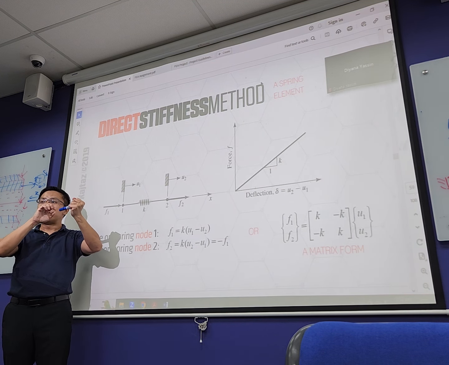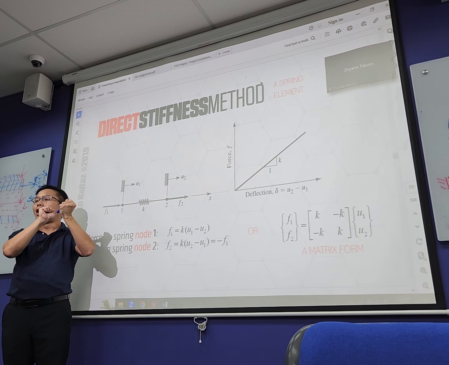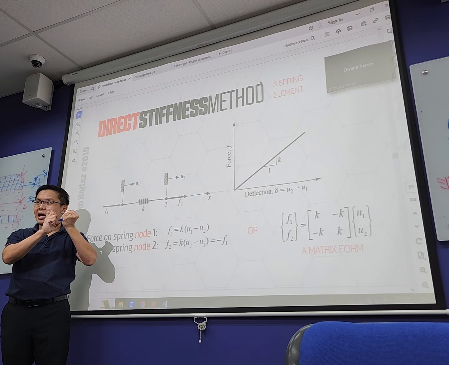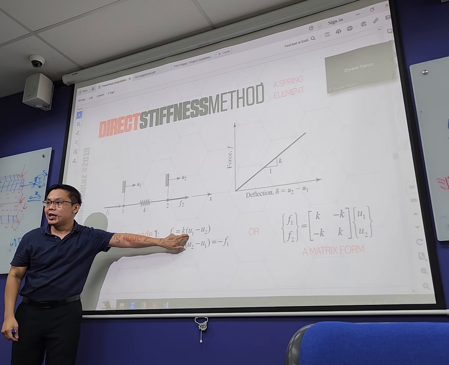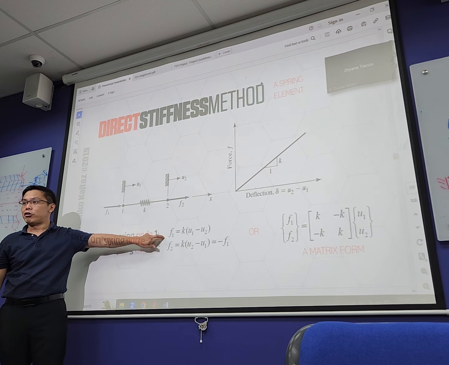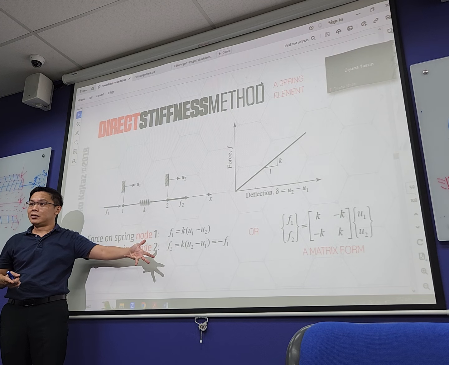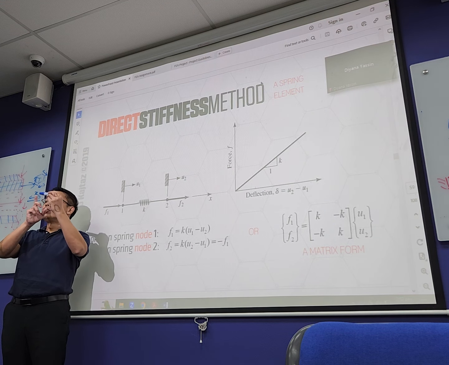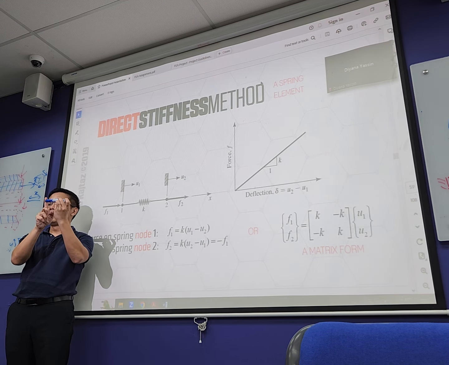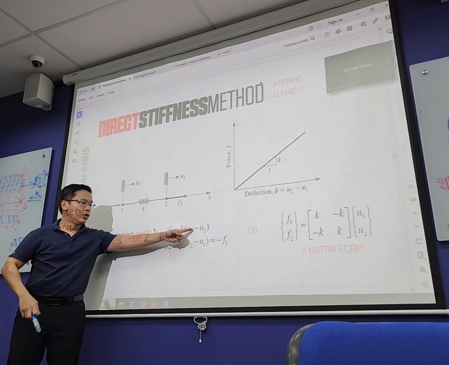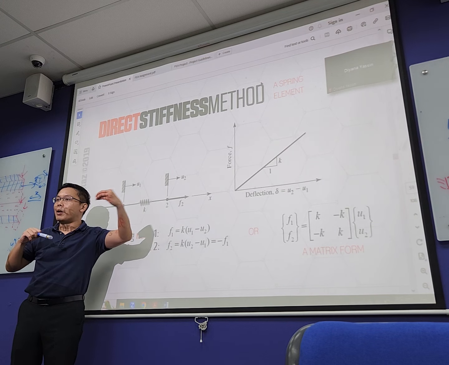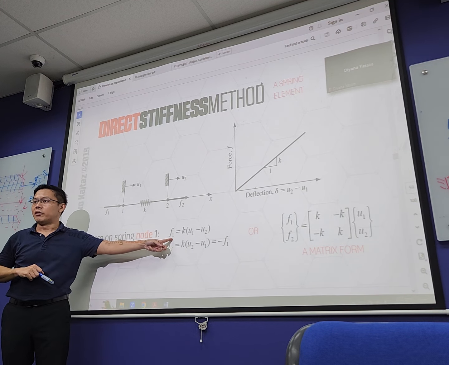So if I know the displacement is 1 millimeter, I can back-derive the force: it's 1 millimeter times my stiffness. That is the force I need to apply. Agree? Now, if U1 and U2 are equal, let's say U1 moves by 1 meter and U2, which I don't restrain, also moves by 1 meter, what is the force on F1?